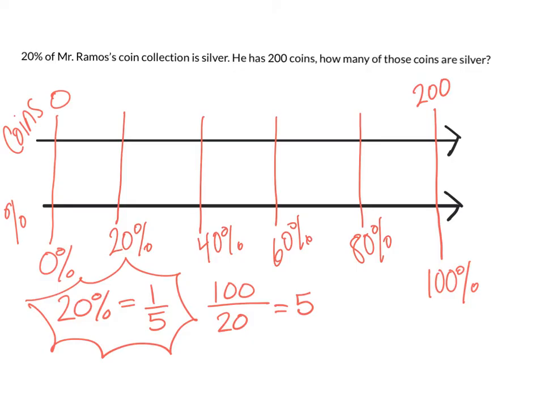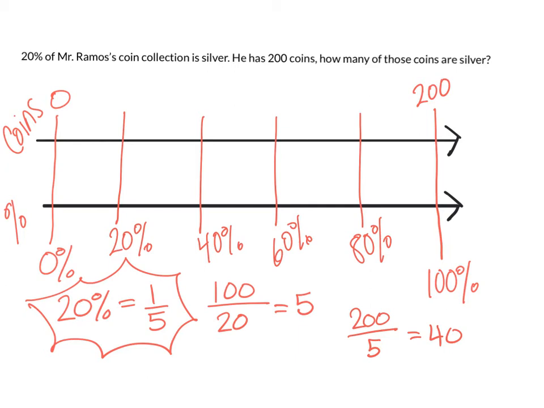So if we divided 100 by 20 to get 5 different sections, we could figure out how much each of these sections is worth by saying, well, what is 200 divided by 5? We know that 200 divided by 5 is equal to 40. So our coins are going to increase by 40.